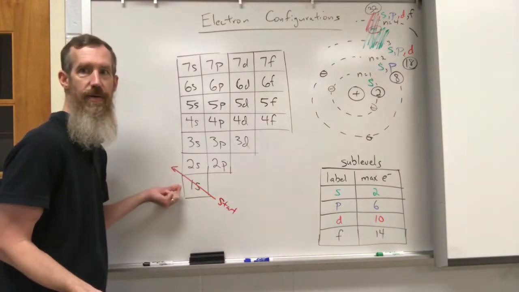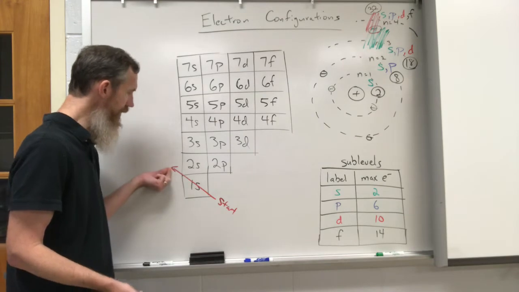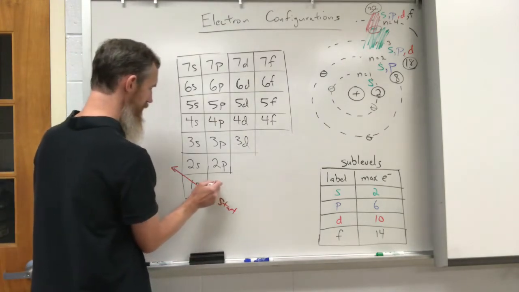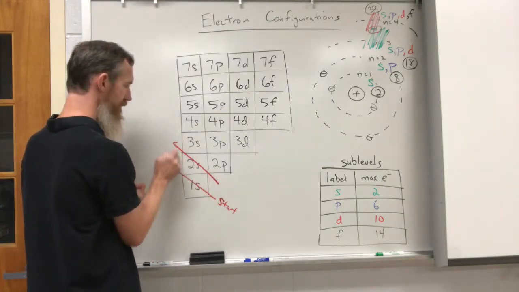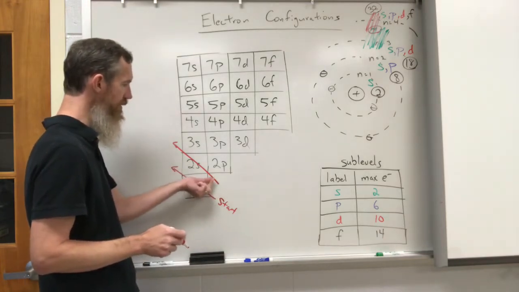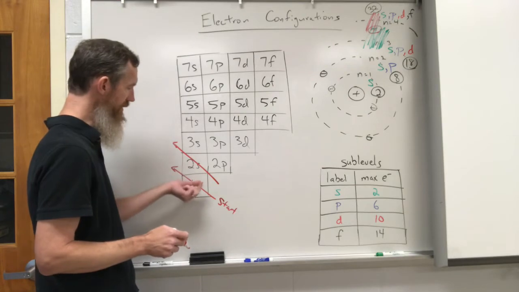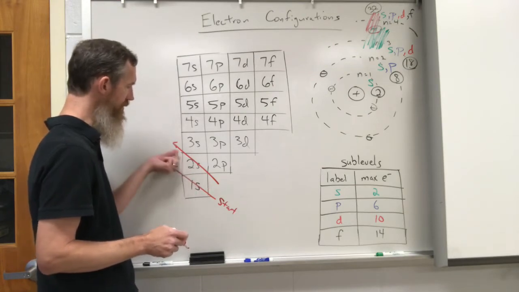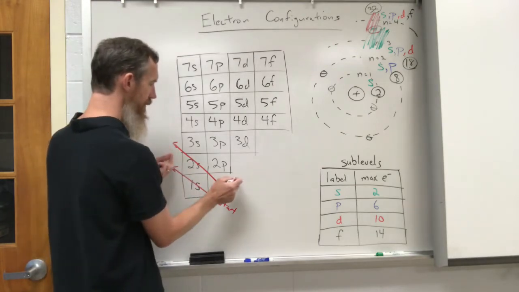Well, that makes sense. We know that. When that's done, we go to the beginning of the next arrow, which is the next set of diagonals. Okay, now we're going to go through the 2s. That makes sense. We filled the 1s, now we filled the 2s. Okay, that arrow's done. Now you go here.